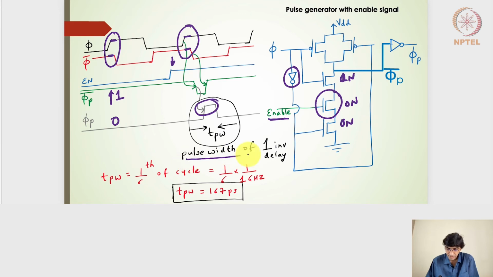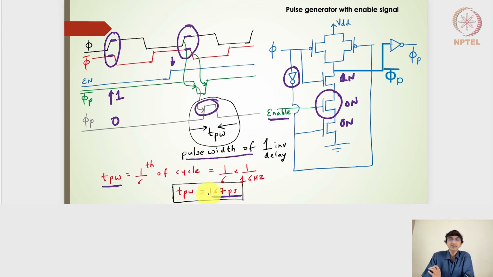The pulse width is nothing but one inverter delay. In this particular case, this is the inverter delay we are talking about. Generally, the pulse width is 1/6 of the cycle. So the pulse width will be 1/6 multiplied by 1 by 1 gigahertz, which is nothing but 1 nanosecond divided by 6. So it turns out to be 167 picoseconds.